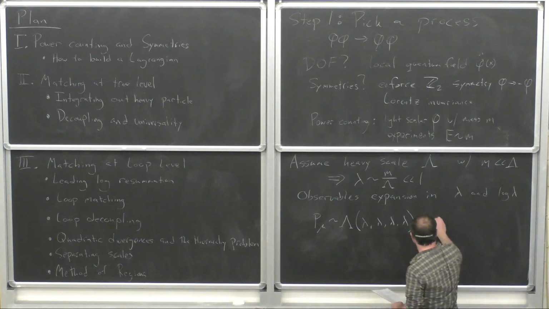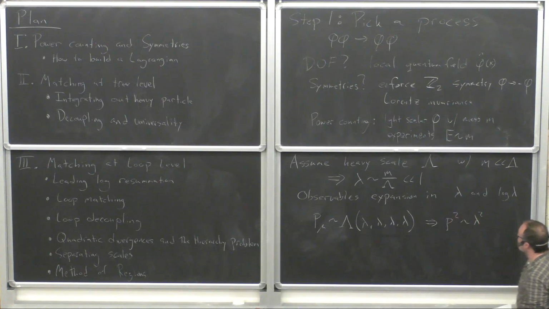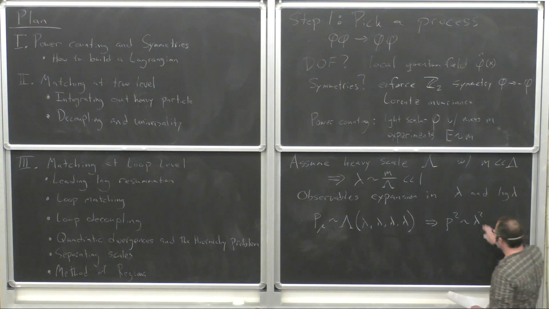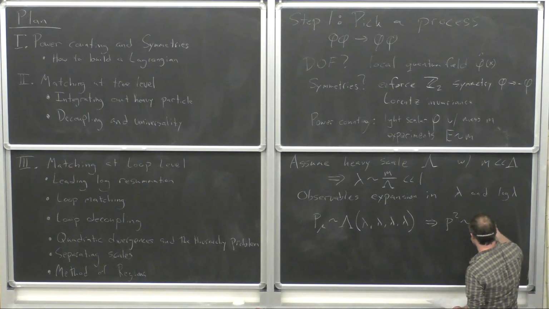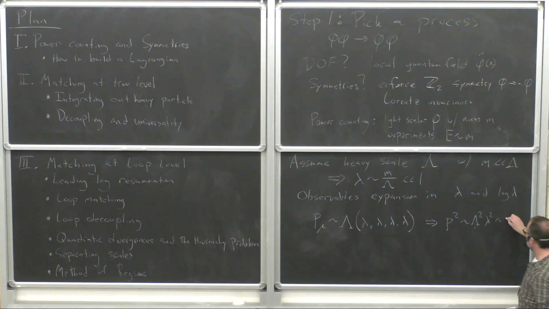And in particular, this says p squared is of order lambda squared, okay? Which is, what that really means is, to get the units right, I need capital lambda as my ruler, and then that's, of course, little m squared, okay?